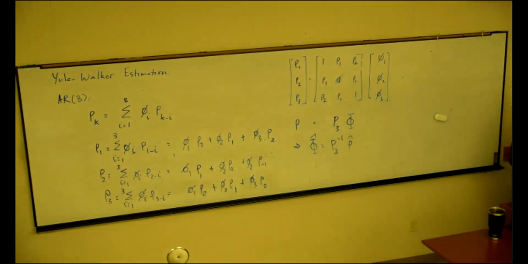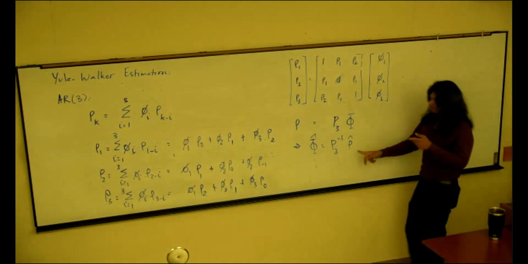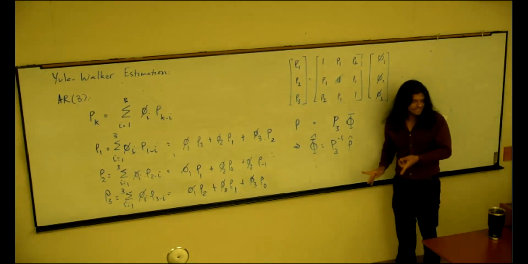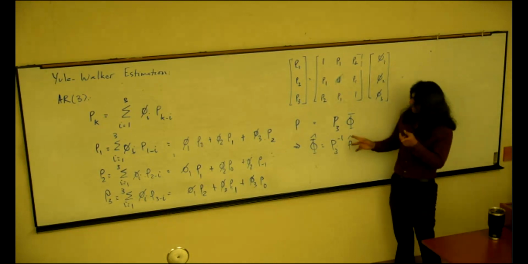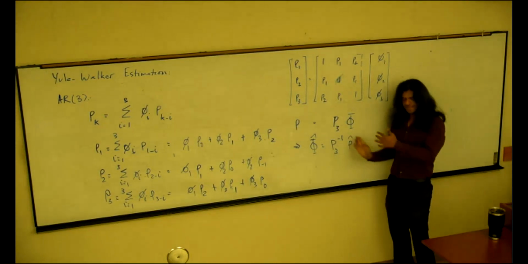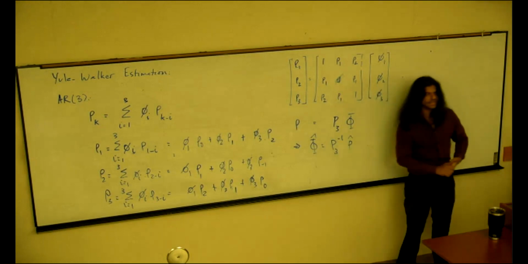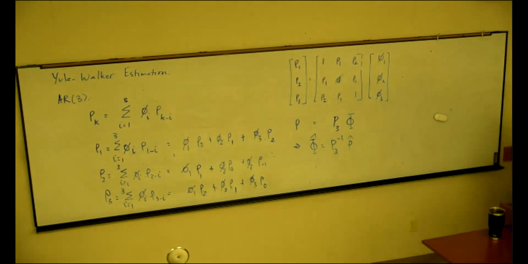I'm putting hats to indicate that I will be using rows from a series that I observed, and based on what I observed, I get an estimate of P. Good. How do we extend this to AR4, AR5, AR6?